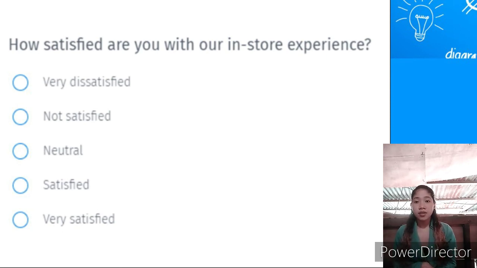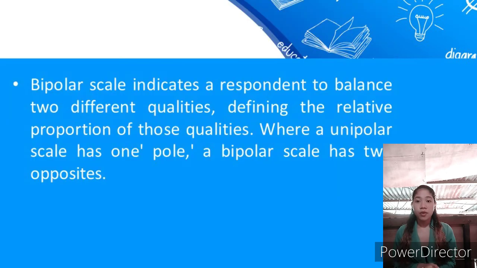Then the next type is the bipolar Likert scale. A bipolar scale asks respondents to balance two different qualities, defining the relative proportion of those qualities. Where a unipolar scale has one pole, a bipolar scale has two opposites.